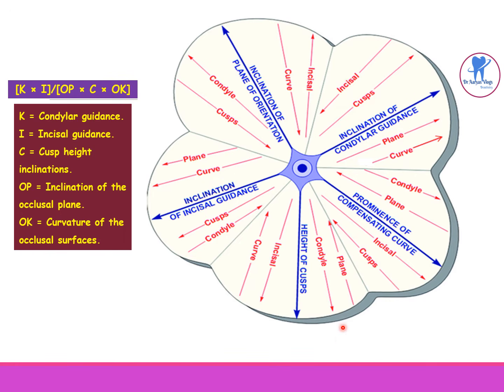When the height of cusp increases, then the plane of orientation and the curves decrease, and the condylar and incisal guidance increase. If the inclination of the incisal guidance increases, then the condylar guidance decreases, and other factors, that is cusp height, compensating curves, and the plane of orientation increase. And if the inclination of the plane of orientation increases, then the curves and cusp height decrease, and the incisal and the condylar guidance increase. So this is about the Hanau's quint in combination with the Thielman's formula.